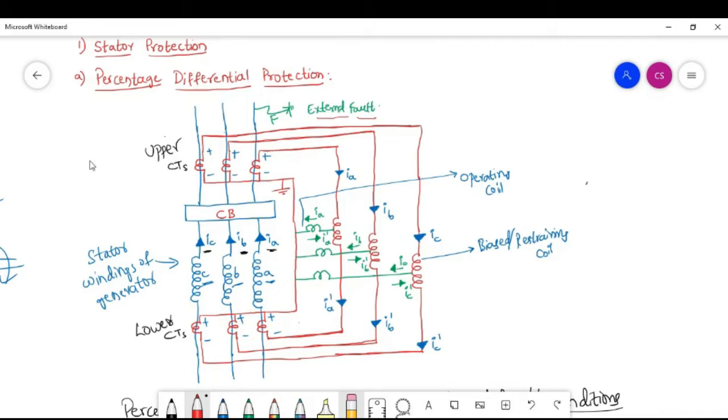For that reason, the direction is like this. So the current is flowing like this, and again it is received by the CT. Again the current is flowing like this. The direction of current is in this direction. For the CTs, it is in this direction, and for this also, it will be in this direction.